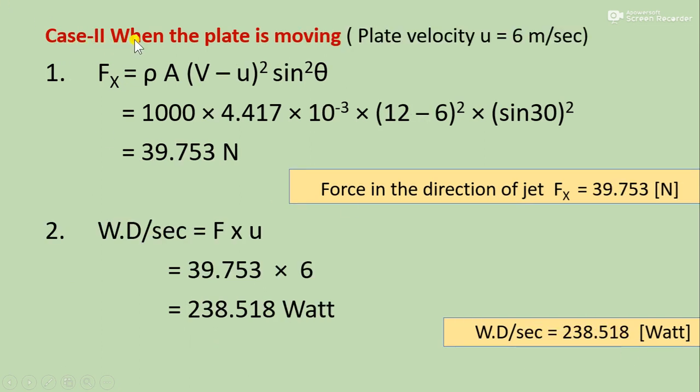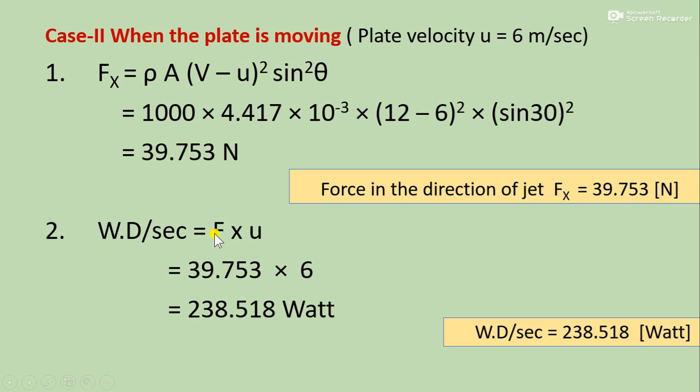Case 2, that is when the plate is moving. Plate velocity is given as 6 meter per second. Using the formula for moving plate in the direction of jet, Fx, that is rho a (v minus u) square sin square theta, putting the values of rho, area, jet velocity, plate velocity and angle, we get Fx equal to 39.753 Newton.